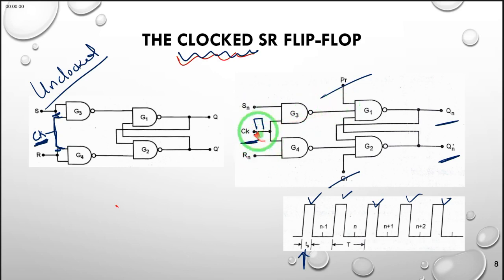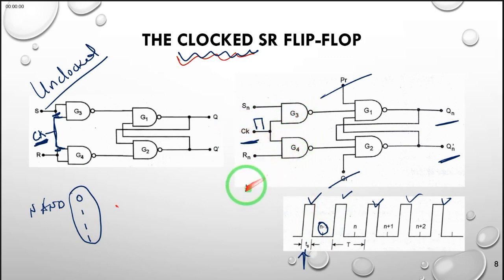Remember we said that a NAND gate will always output a 1 when the clock pulse is at 0, or when the pulse has not been sent, and therefore the two gates appear inhibited or turned off, only displaying the value 1 irrespective of what is at the inputs Sn and Rn.